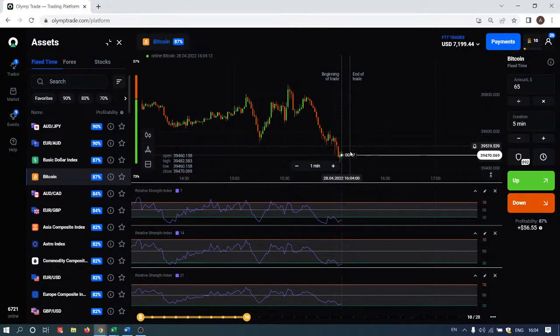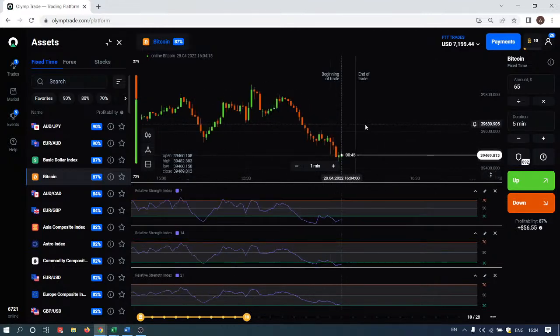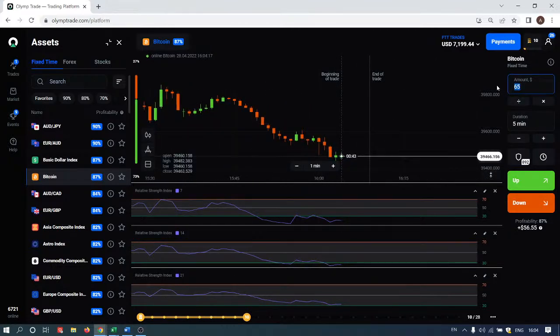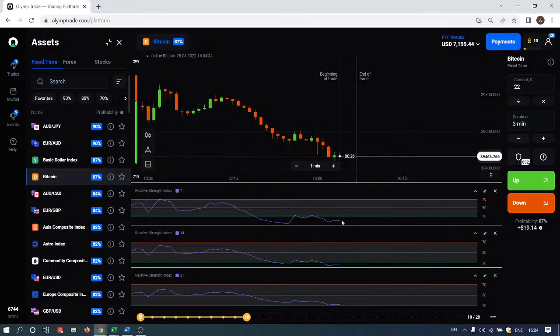Okay, so all right, let's have a look at the Bitcoin price right now. We can see that all three RSIs in this strategy are in the oversold area, under this green line here, and also here, very close in direct proximity to it.